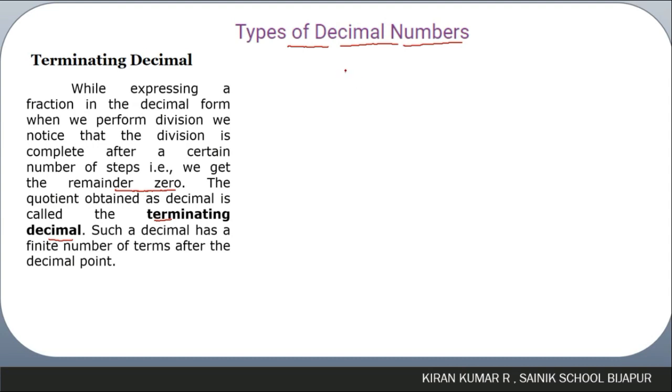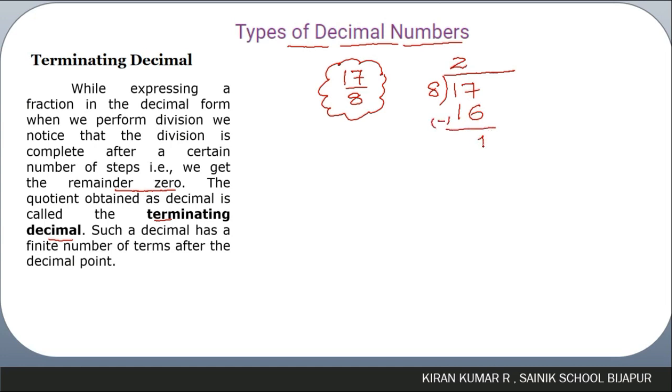I would like to give a few examples for that. Suppose I consider 17 upon 8. 17 upon 8 is a fraction. What does 17 upon 8 refer to? 8 divides 17. Let us perform division. 8 2 times is 16. When we subtract, we get the remainder as 1. So we place a decimal and take 0 along with the remainder.